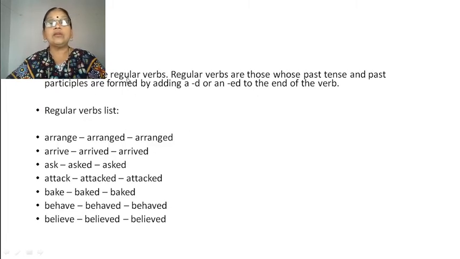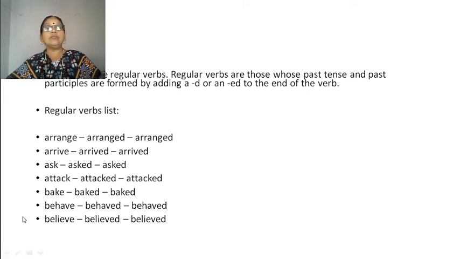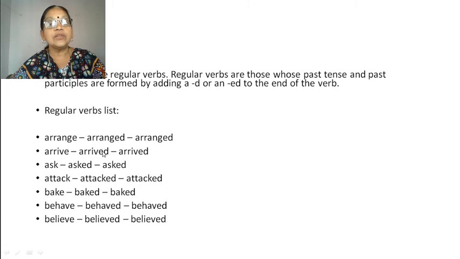Most verbs are regular verbs. Regular verbs are those whose past tense and past participle are formed by adding d or ed to the end of the verb. Some words are given here. Arrange, arranged, arranged. Arrive, arrived, arrived. Ask, asked, asked.